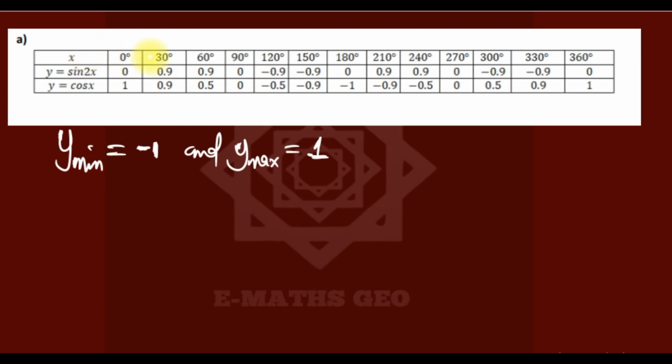And for x, we have no negative values, so they are all positive values. This will help us to locate the origin. So that's the essence of knowing the minimum and maximum. So we are getting our axis. Let me place this for y.